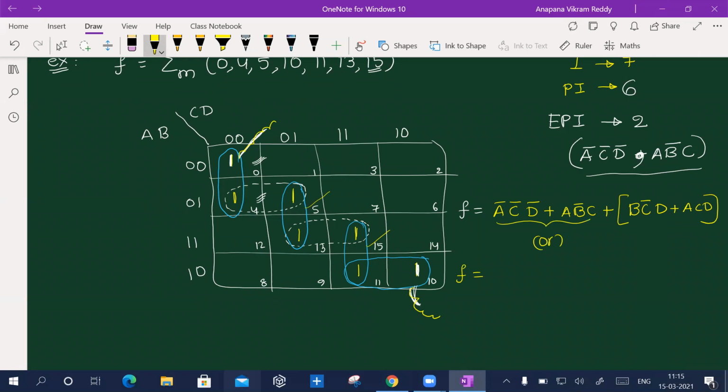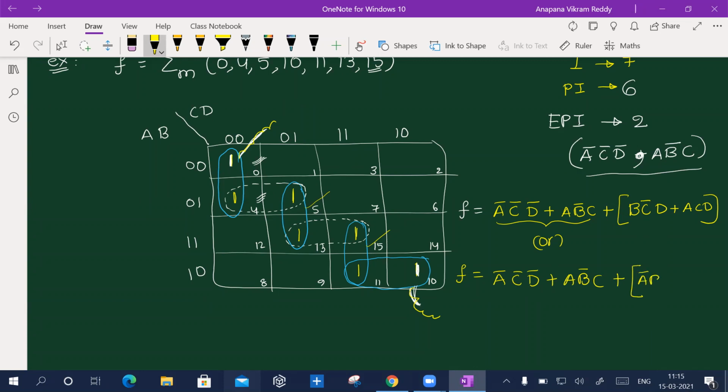These two are always common, that is, the EPIs are always common: A complement C complement D complement, or AB complement C. Anything else I can write? A complement, B, C complement, sir. Very good.